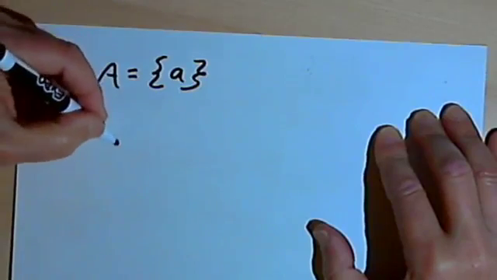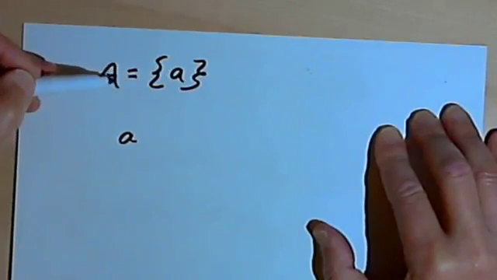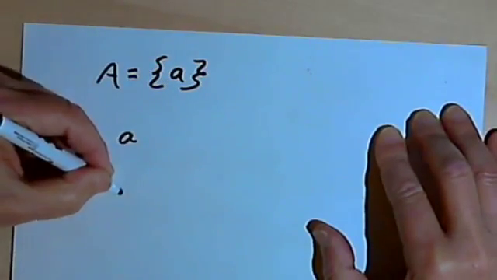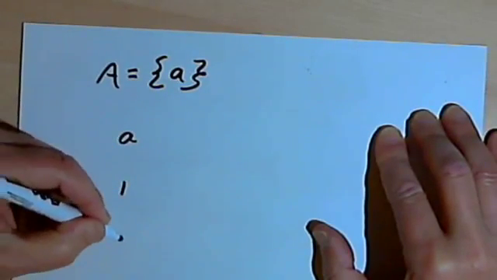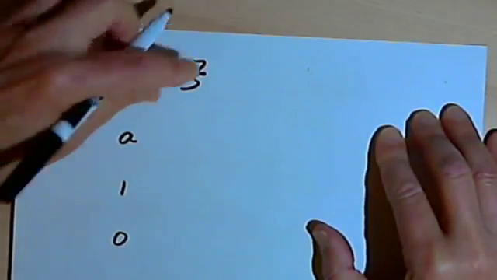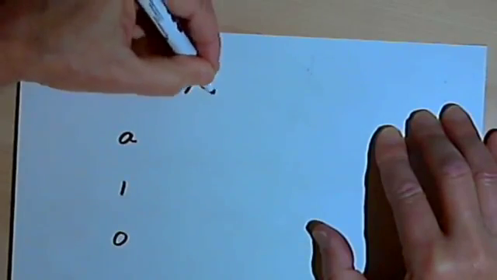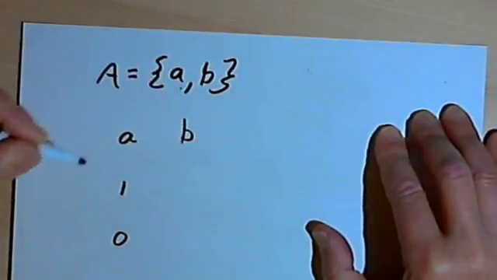So I'm going to start making a table. I'm going to consider what happens if I've got that set with just the A in it. If the A is present, I'm going to write a 1. And if the A is absent, I'll write a 0. And now let's say I expand that set. Let's say I make that into a set with two elements, A and B. Now consider these possibilities.